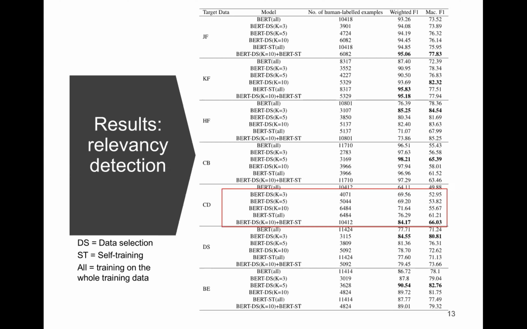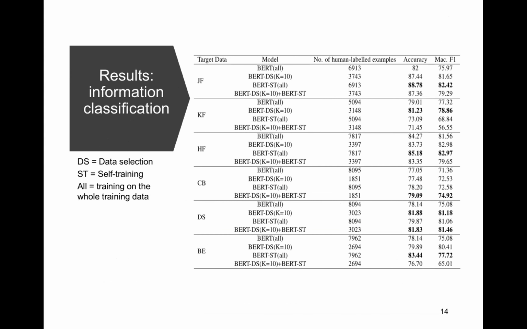For the other cases, it just achieved comparable performance. So we concluded that combining self-training with data selection is recommended when there is a significant distribution gap or shift between the source and the targets, like in the case of the COVID-19 data where self-training performed very well. This is because it shifts the weights towards the new events.